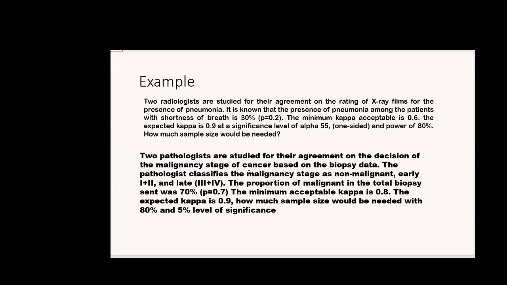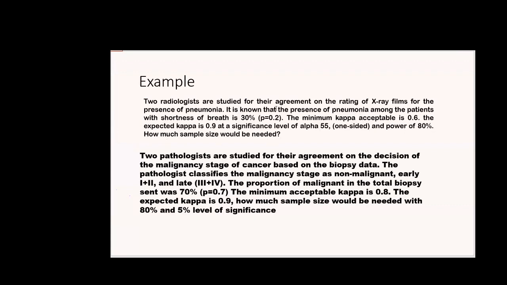It is known that the presence of pneumonia among patients with shortness of breath is 30%, that is, P is equal to 0.3. The minimum acceptable kappa is 0.6. The expected kappa is 0.9 at a significance level of 5% one-sided with 80% power. How much sample size is required?